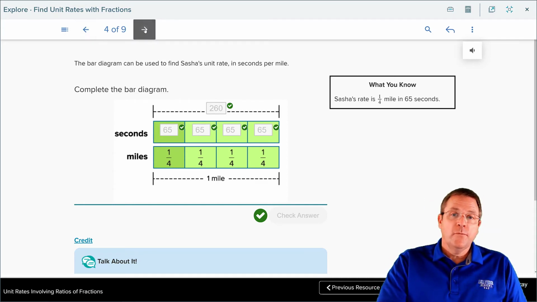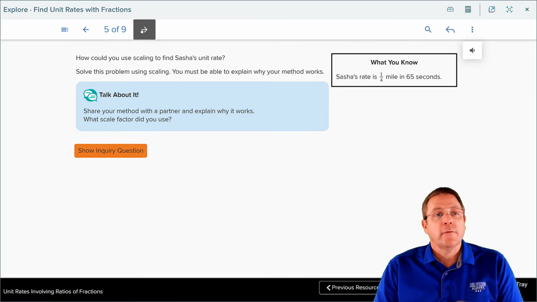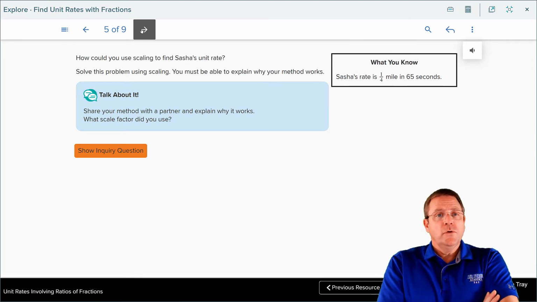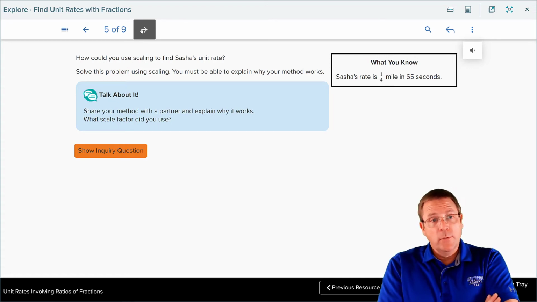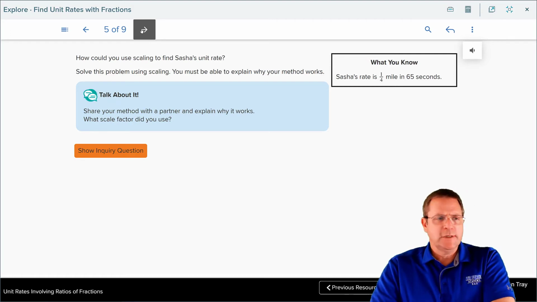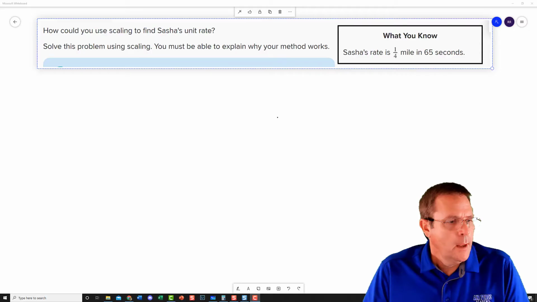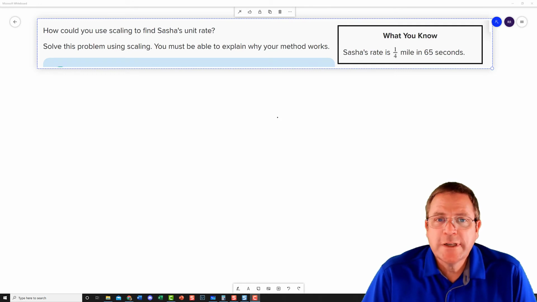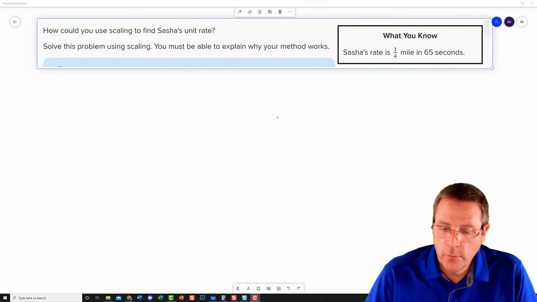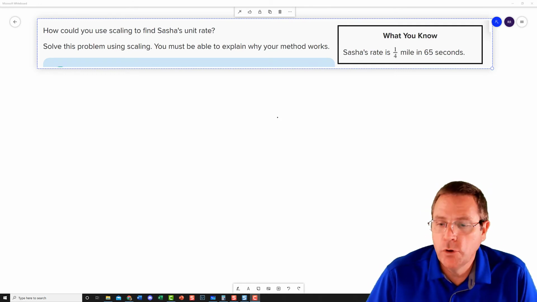Now, let's move forward from there and see what else we have. They say you could also use scaling to find Sasha's unit rate. Solve this problem using scaling; you must be able to explain why your method works still. So let's look at this using scaling. Now the textbook didn't show us how to use scaling on this, so I'm going to show you how I would do this.